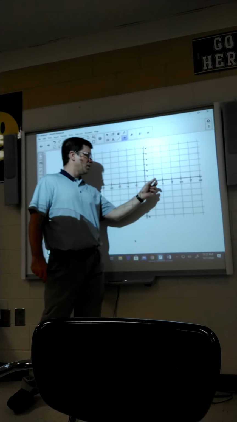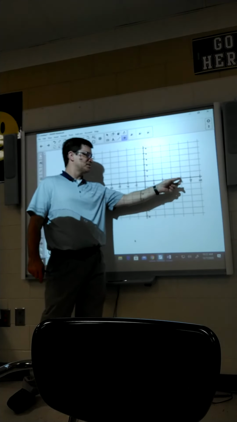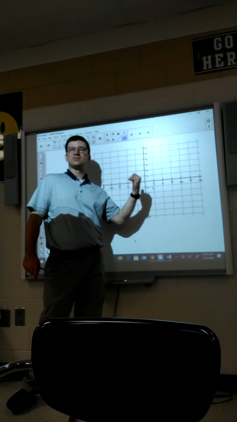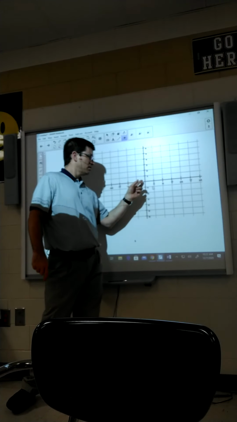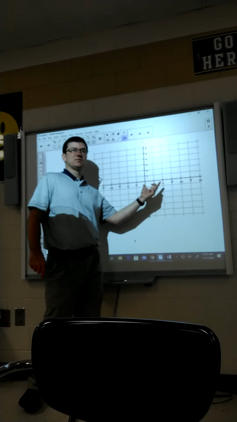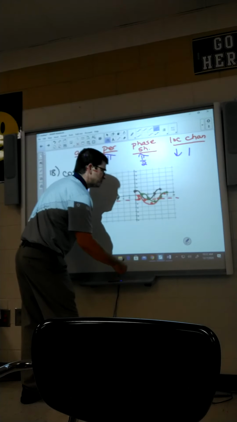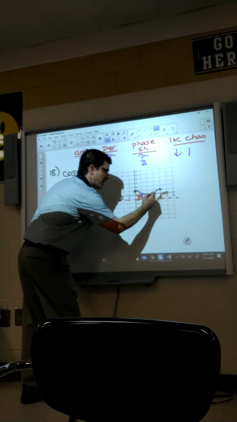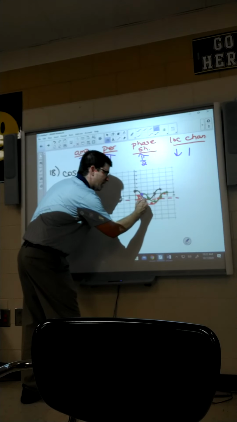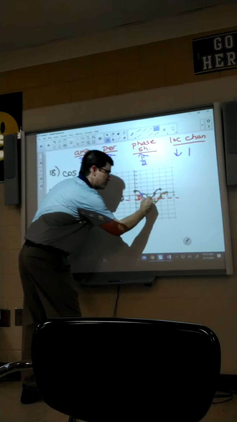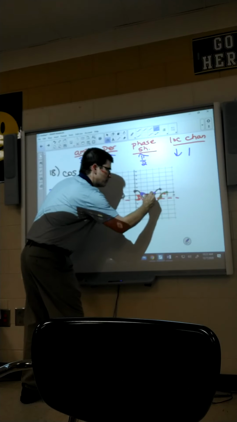Normally, it goes 1, 2, 3, 4 spaces is 2 pi. Well, how many spaces do you have to go for it to be 1 pi? 2 spaces. Okay? So that's what we're going to do. We're going to squeeze this into 2 spaces. I start it here. I got to end it there. So I go down, down, down, down. There we go.